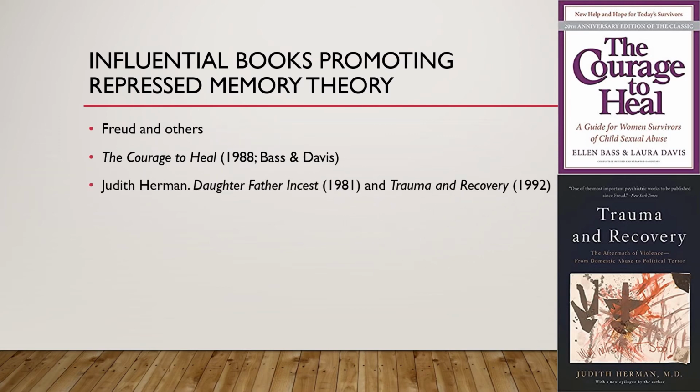There have been other influential books too, such as Judith Herman's Father-Daughter Incest, published in 1981, and her book Trauma and Recovery, published in 1992. Again, inside of those works is the idea of dissociative amnesia or repressed memories, as well as other ideas too that I would be less critical of.